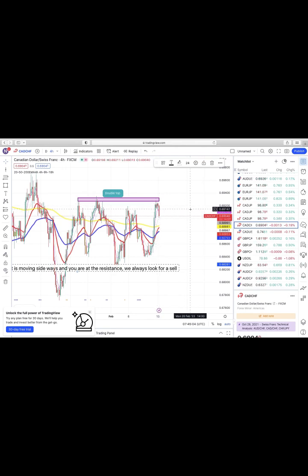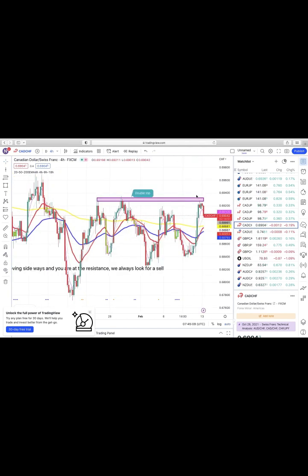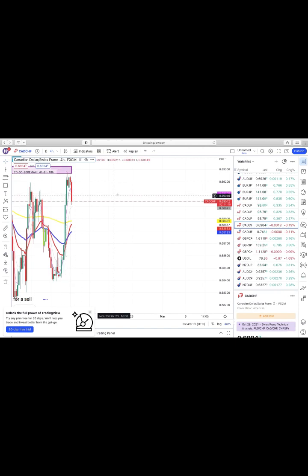Let's go on. We have talked about when you want to buy. When the market is in a downward trend, you look for a sell. Full stop.